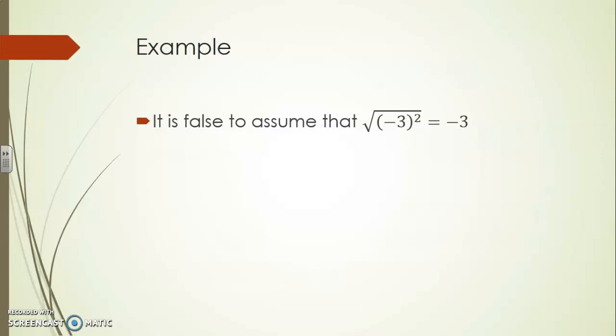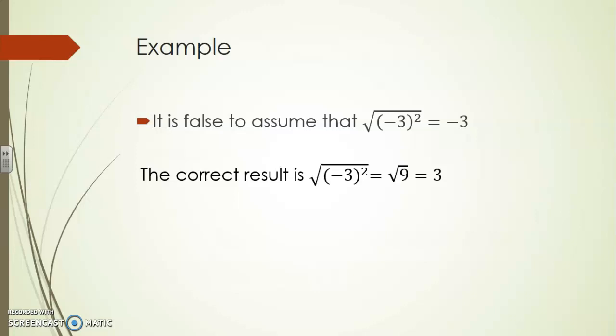However, observe how it's false to assume that minus 3 squared followed by a root will equal minus 3, because this time minus 3 is not a positive outcome, which it should be. The correct result should actually be plus 3. Minus 3 squared equals 9.